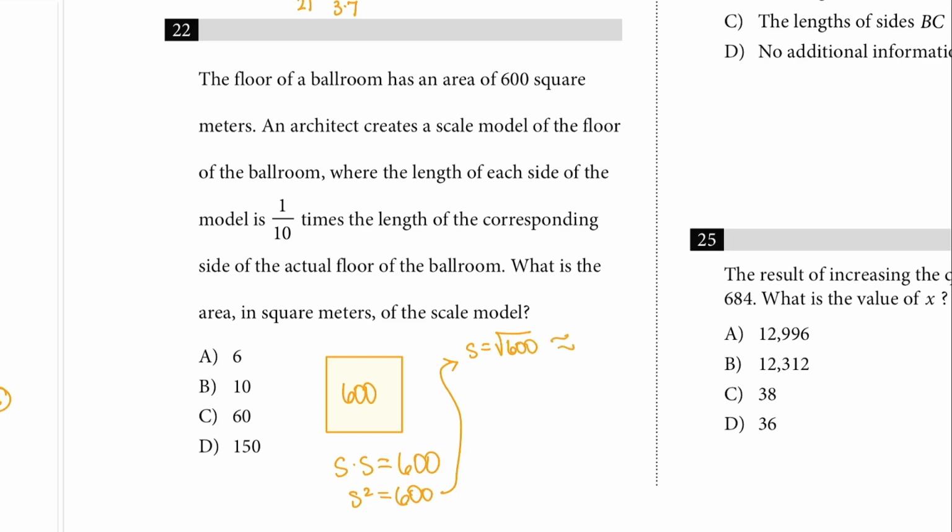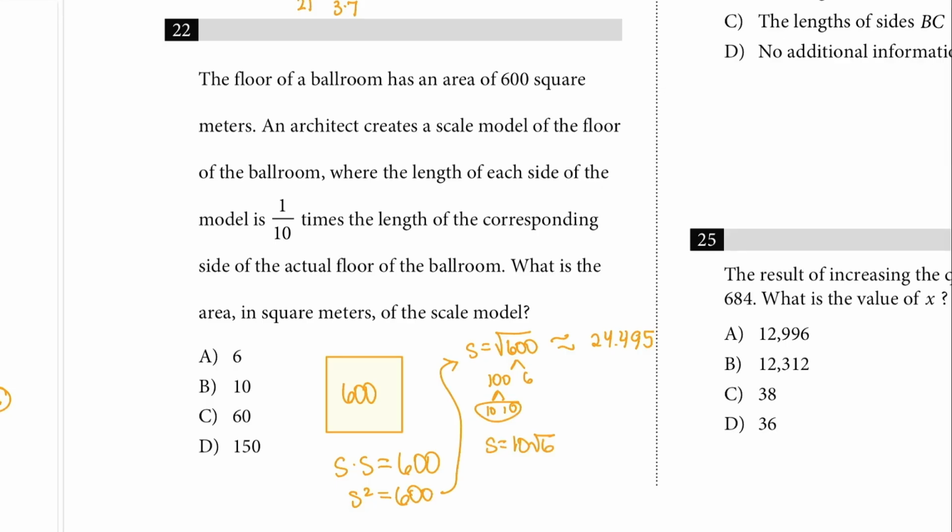If you do, you're going to get 24.495, but I also think it's good to go ahead and write it in exact form as well. We have a pair of 10s here, so our simplified side length is going to be 10 radical 6.